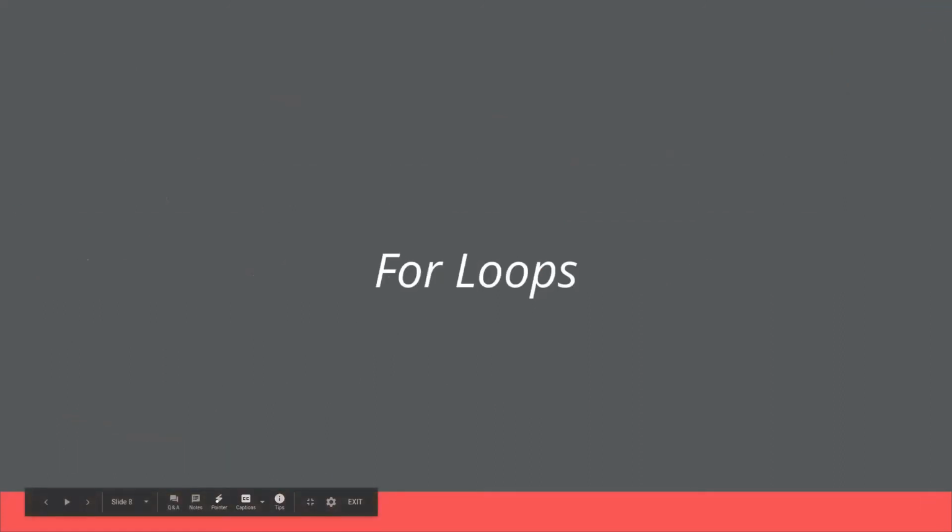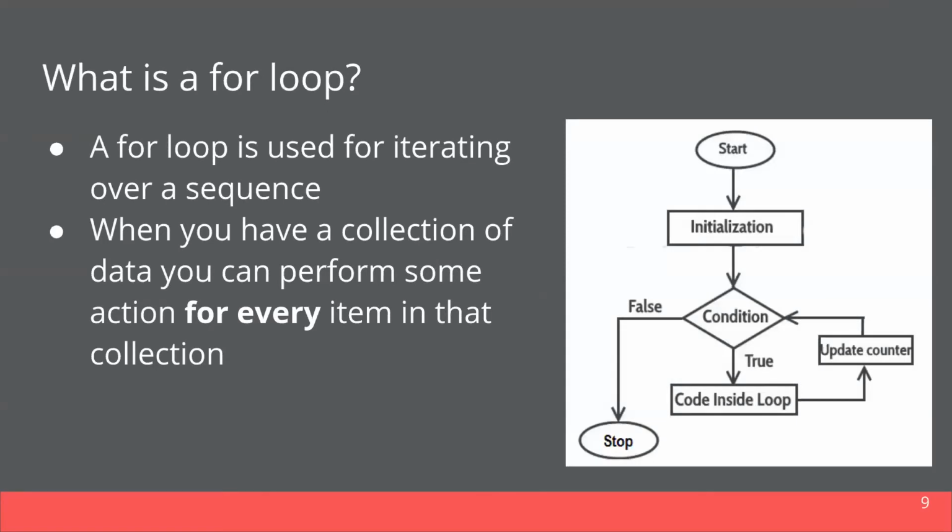So the next topic we're going to look at is called for loops. Okay, for loops. Now, a for loop is what we use when we have a number of things and we know what that number is. So a for loop's used for iterating over a sequence.